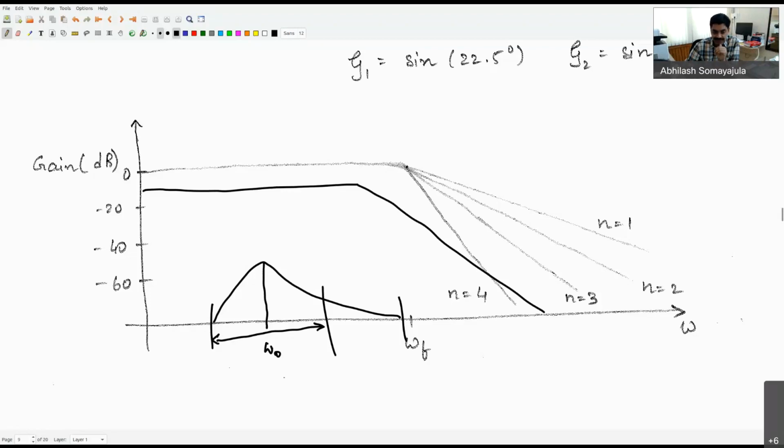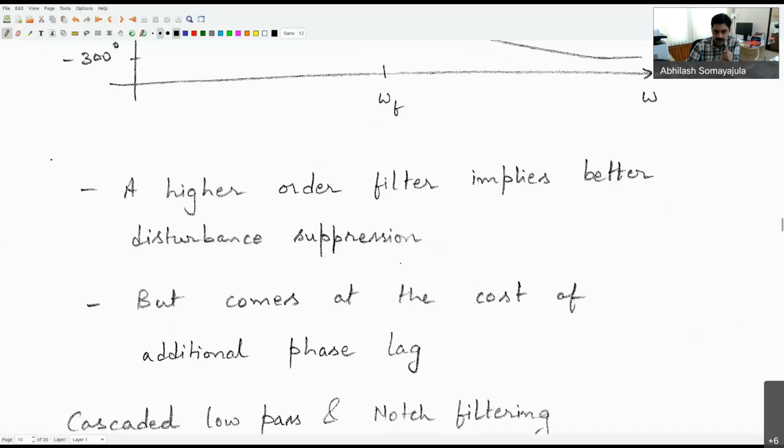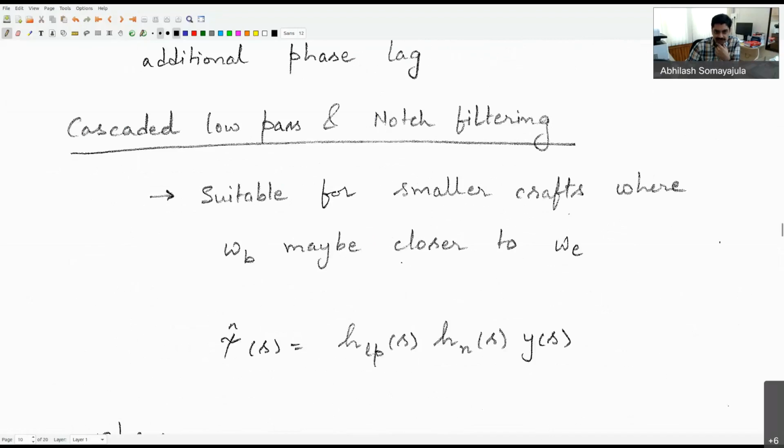Okay, so what we'll use here is a cascade of two filters. We'll use our regular low pass filter, which will taper off everything beyond the control bandwidth, but we also need something inside the control bandwidth to take care of the wave elevation effects. So the idea is we'll use the concept of notch filters and wave low pass filters put in cascade.